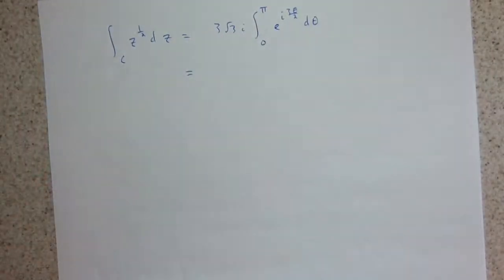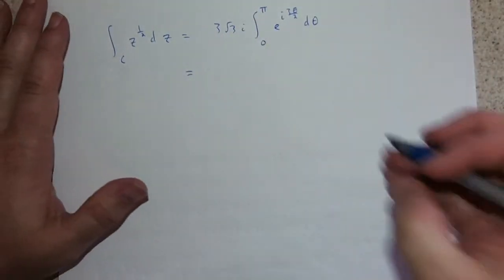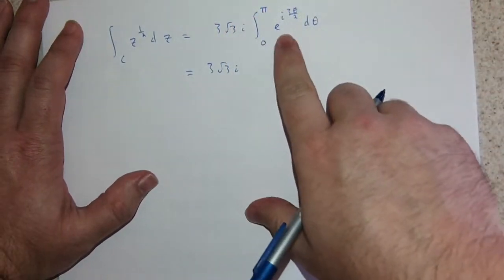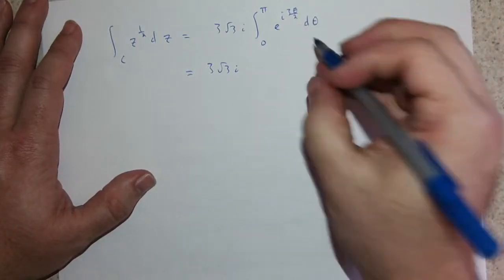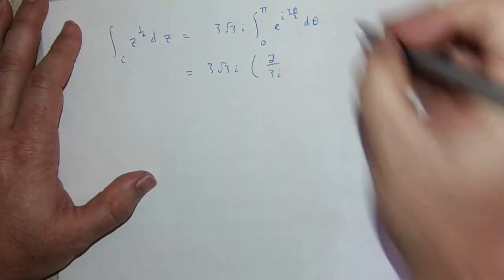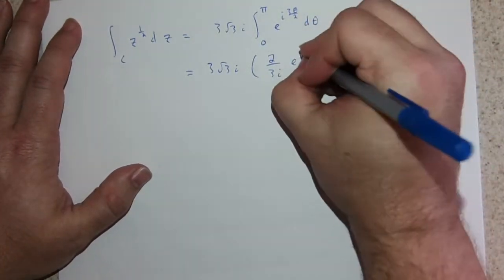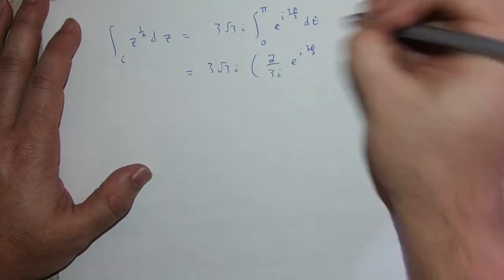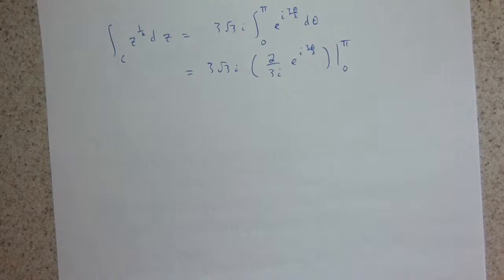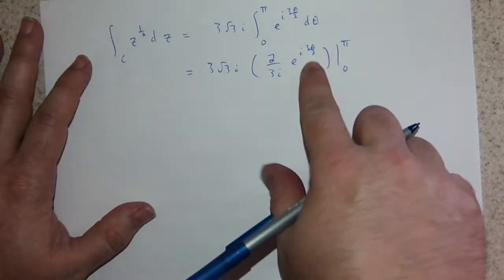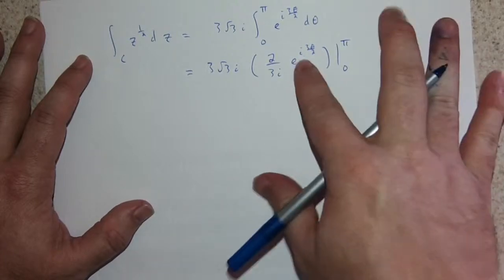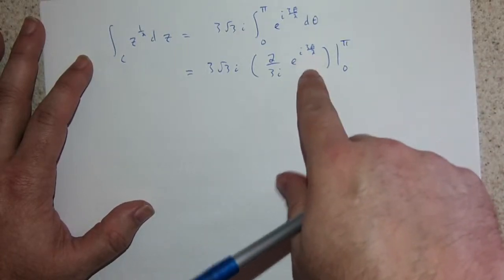This is equal to 3 root 3 i times, this integral of course is 2 over 3i times e to the i 3 theta over 2, evaluated from 0 to pi. Evaluating, I get e to the 0 and e to the i pi, which is minus 1.